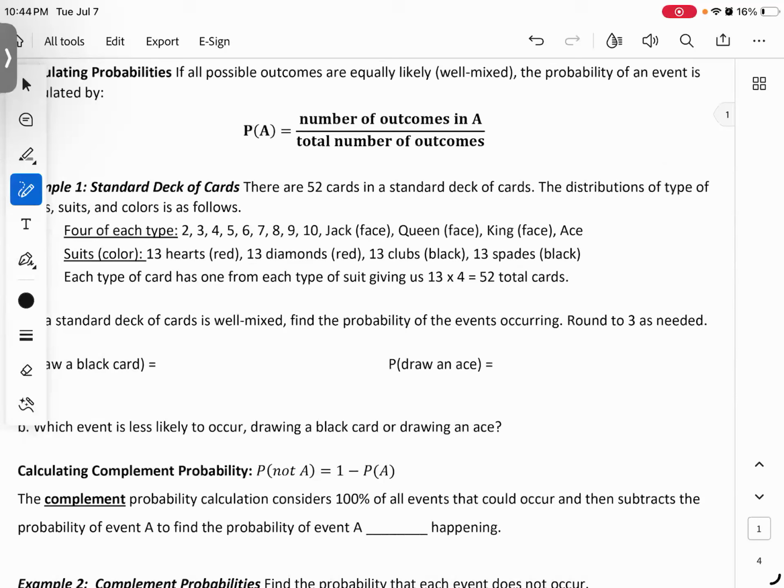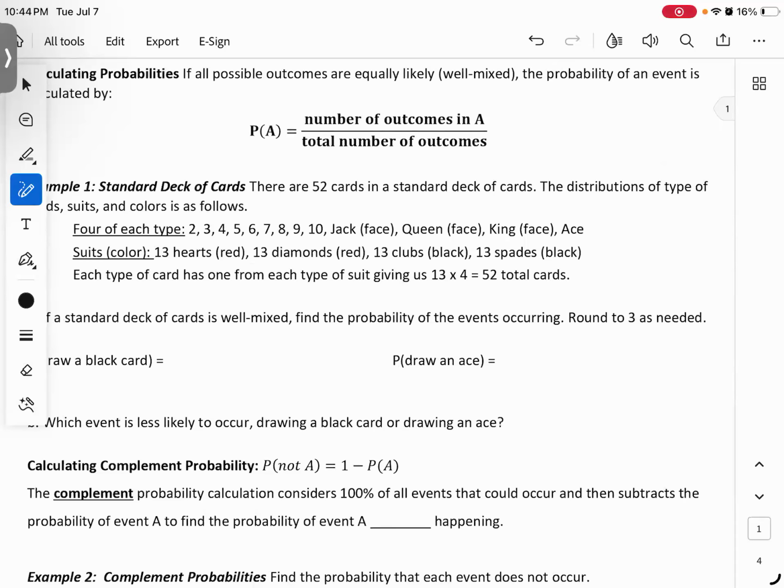A further way to think about the 52 cards is that there are 13 hearts and 13 diamonds. Then you've got your clubs and spades that are your black cards. So half are red, half are black. Suppose we shuffled them up and randomly selected one card. One question we could ask is: what's the probability that it's going to be a black card?